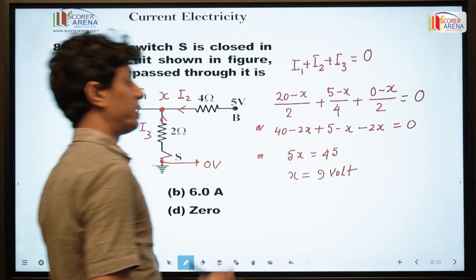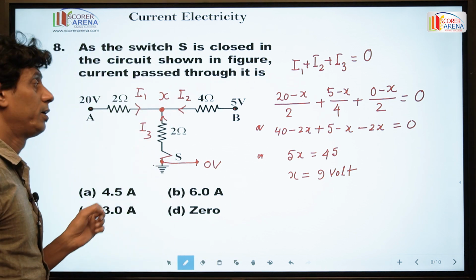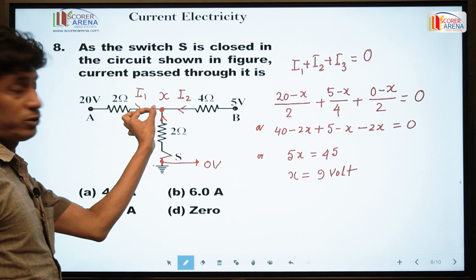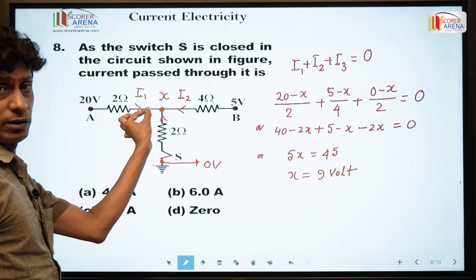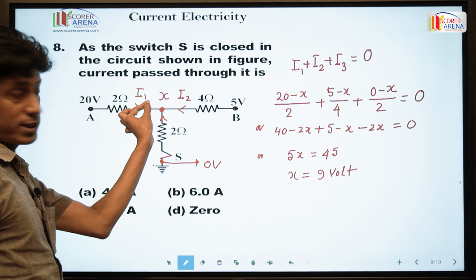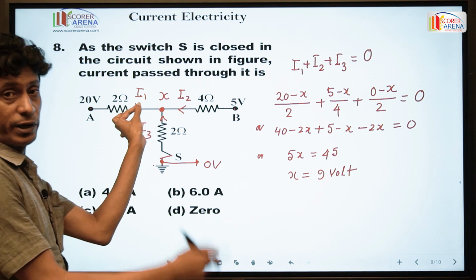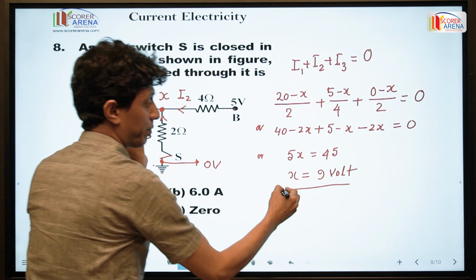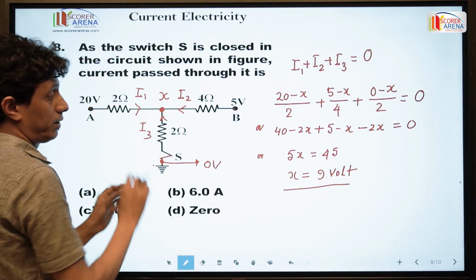So the potential of the node is taken as x, and by solving this problem, x is equal to 9 volt. So potential of this is 9 volt.